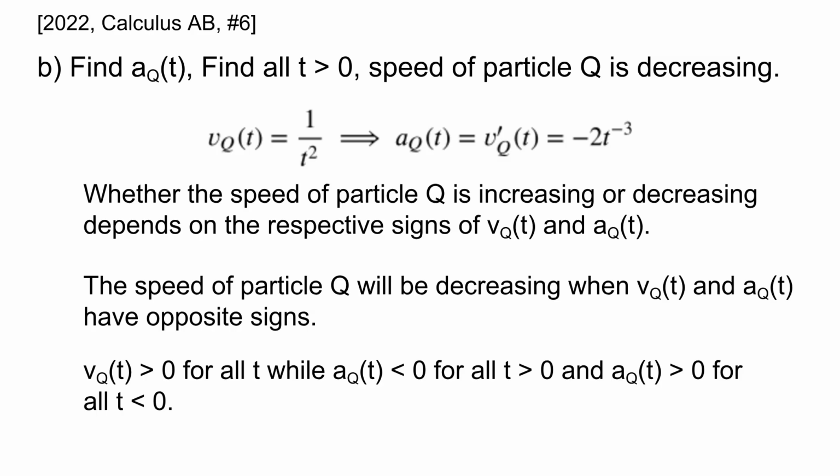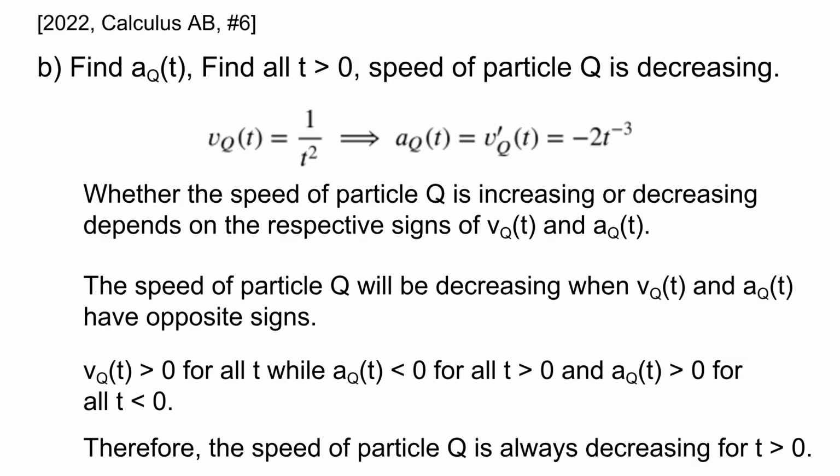So v sub q of t is always greater than 0 for all values of t. And a sub q of t is less than 0 for all positive t. And a sub q of t is greater than 0 for all negative values of t. However, we're not concerned about negative values of t here. Therefore, we can conclude that the speed of particle q is always decreasing since we're really only concerned about values of t greater than 0.